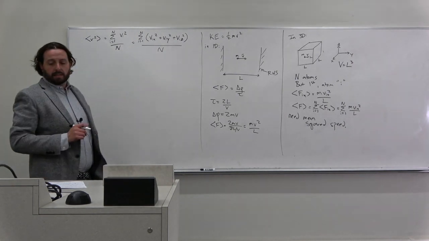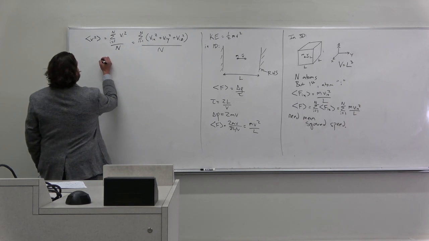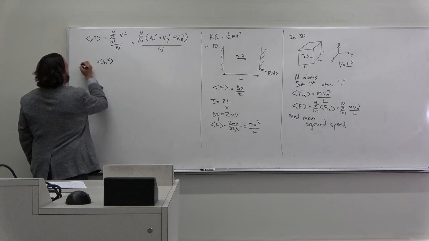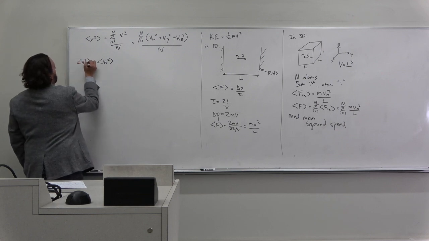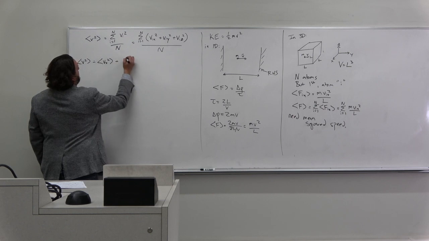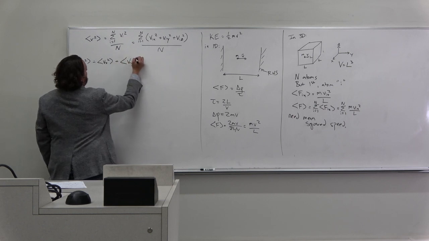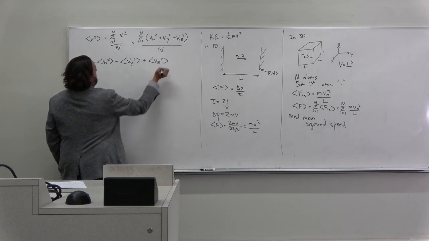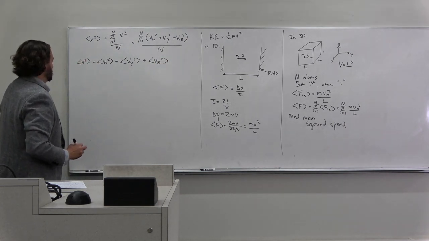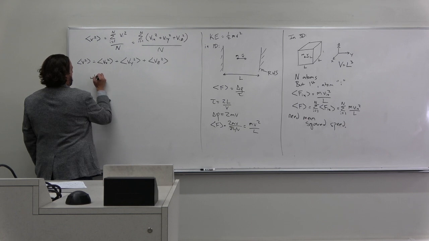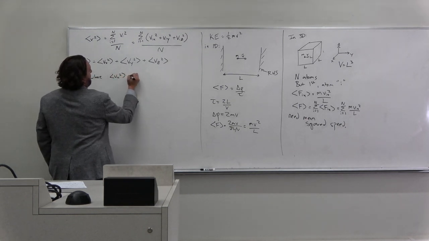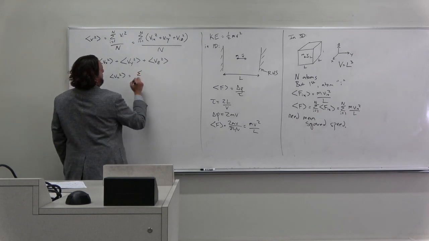So I can rewrite this simply as the average of Vx squared. So V squared is Vx squared plus Vy squared plus Vz squared, where Vx squared is this sum.